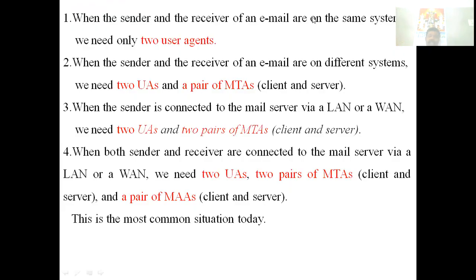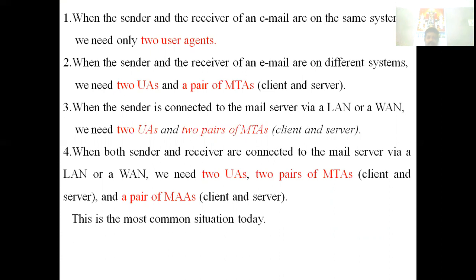So there are three cases. The first case is when the sender and receiver of email are on the same system, then you need two user agents. The second condition is when the sender and the receiver are on different systems, you need two user agents and a pair of message transfer agents.